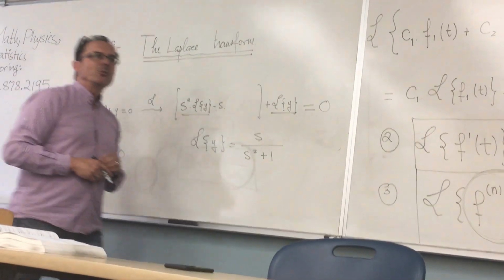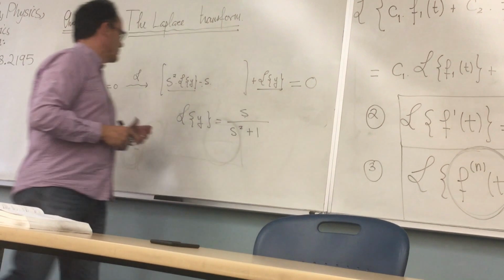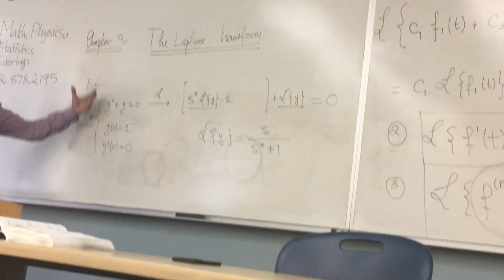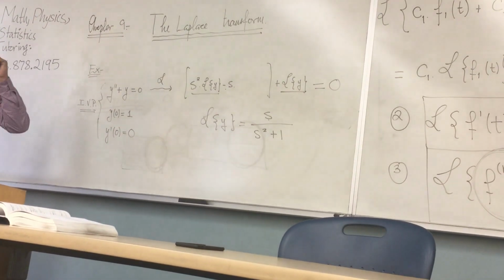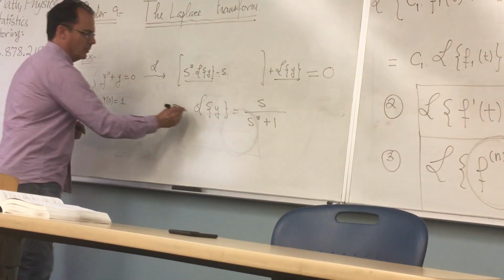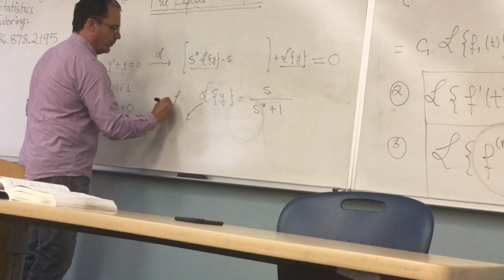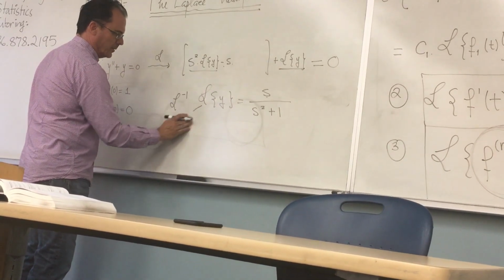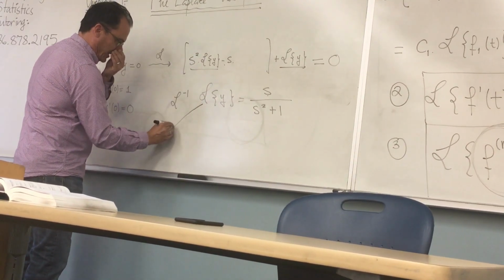So once we're here, there is one last thing we need to do in order to get the unique solution of the IVP. What was that step? Table to get the inverse, right? So now, for those of you who have the book, read the table.